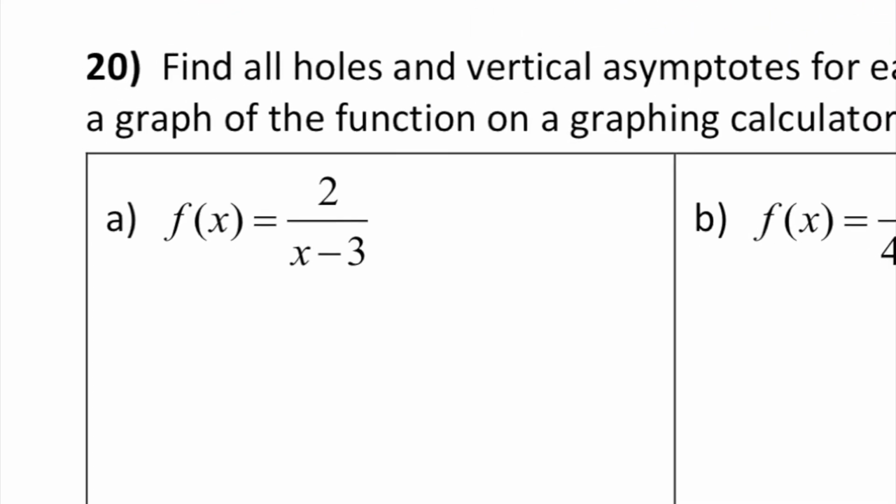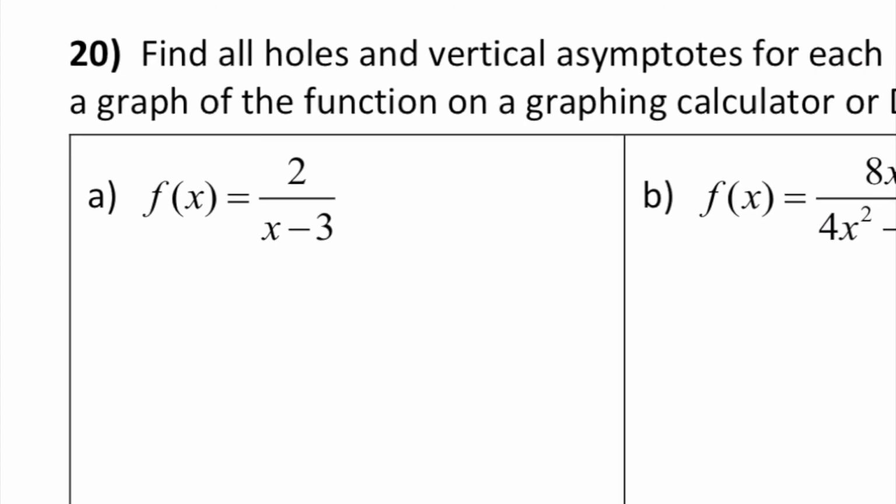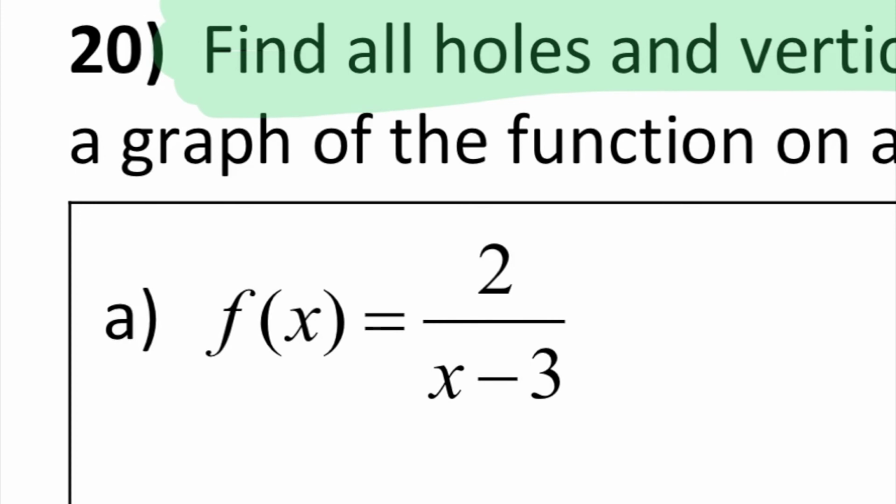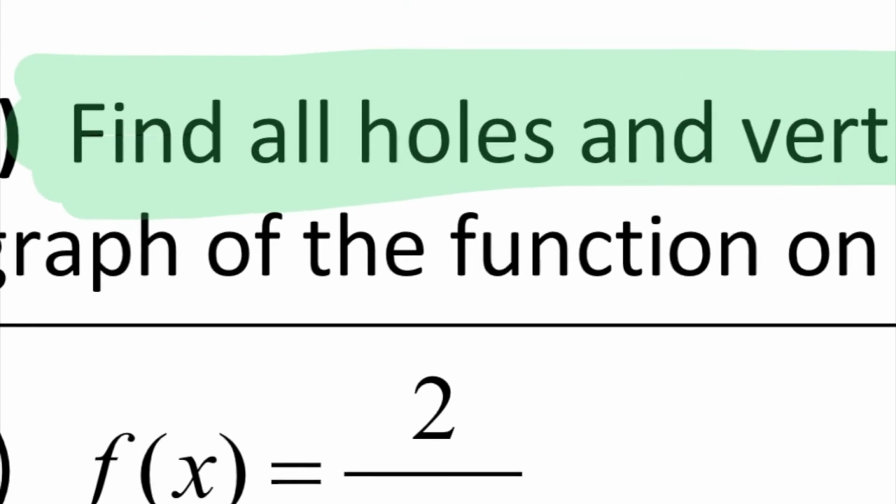Now, for this problem, you want to find the holes and vertical asymptotes algebraically, which means Miss Applebacher needs to see the work that you've done for these problems, and you're not just taking it off of the graphing calculator and expecting full credit for that. So, holes only happen when a factor cancels.